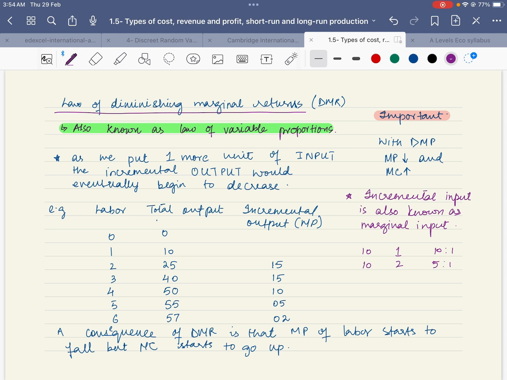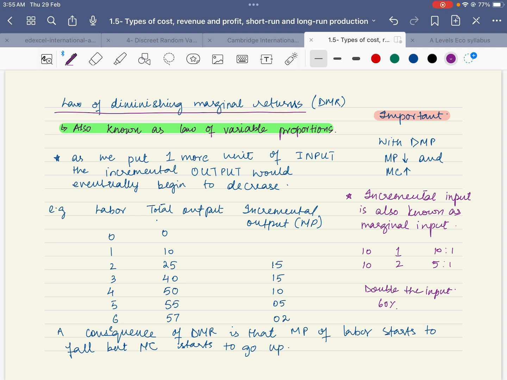In certain cases, you double the inputs, but the output increases only by 60%. This is the law of variable proportions. It did not increase in exact proportion, meaning when you double the input, the output did not double. It increased by only 60%.